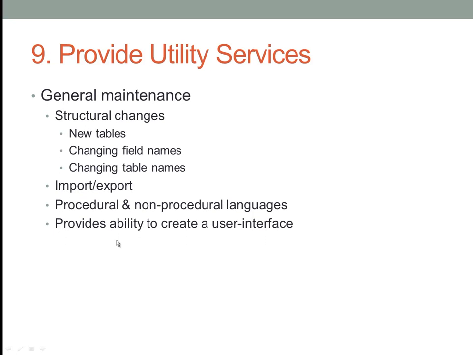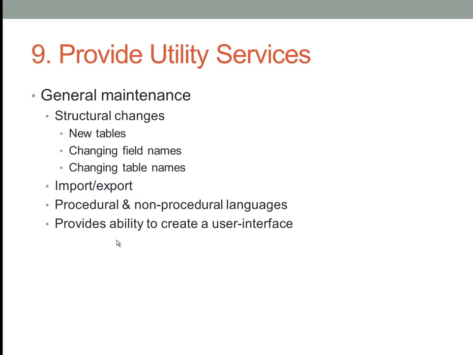And finally, the last function that they discuss is utility services. They just briefly give you a list of some of these general maintenance services. A DBMS has to be able to make structural changes like creating new tables, changing field names, table names, importing and exporting data. Very crucial that your DBMS can do that.